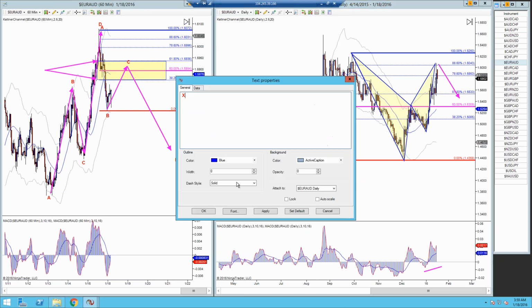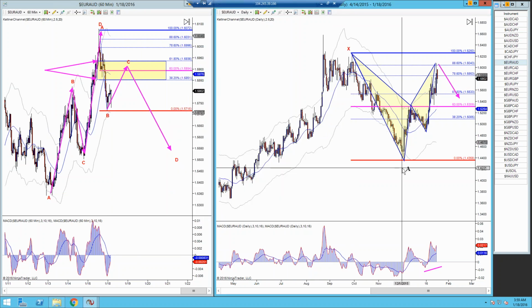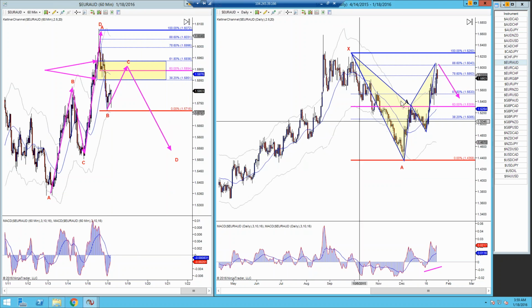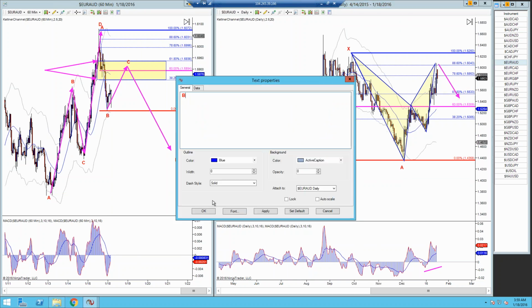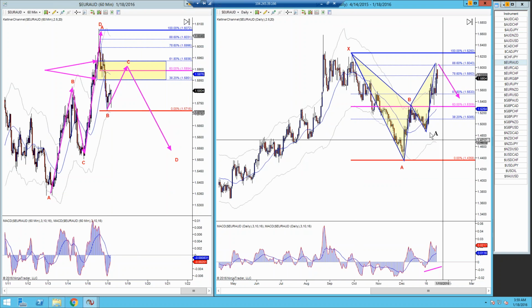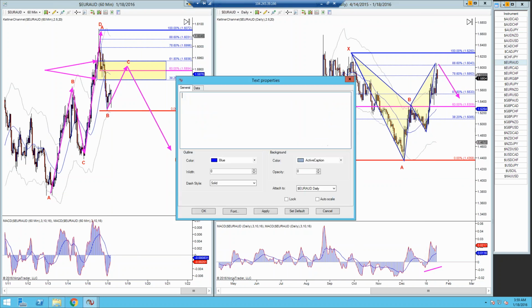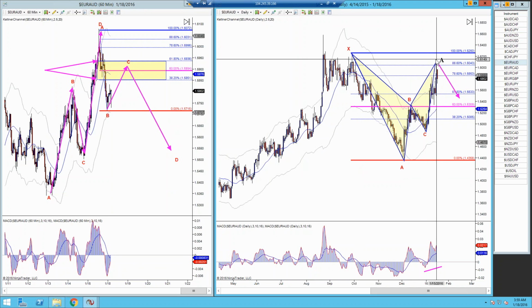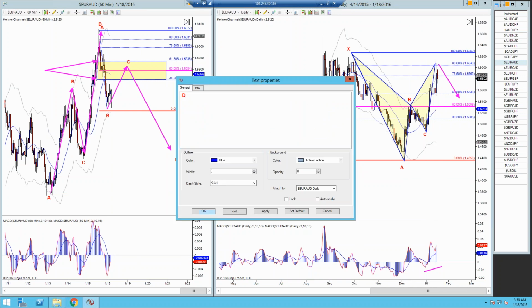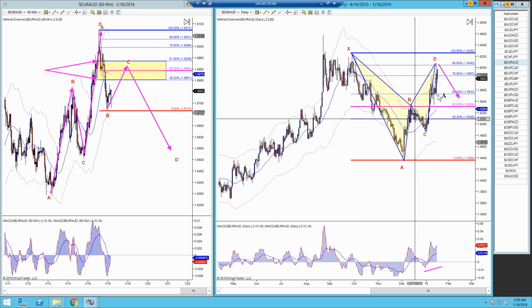is an X, A, B, C, D. We're at the completion of a large X, A, B, C, D pattern, and we're looking for this to turn down.